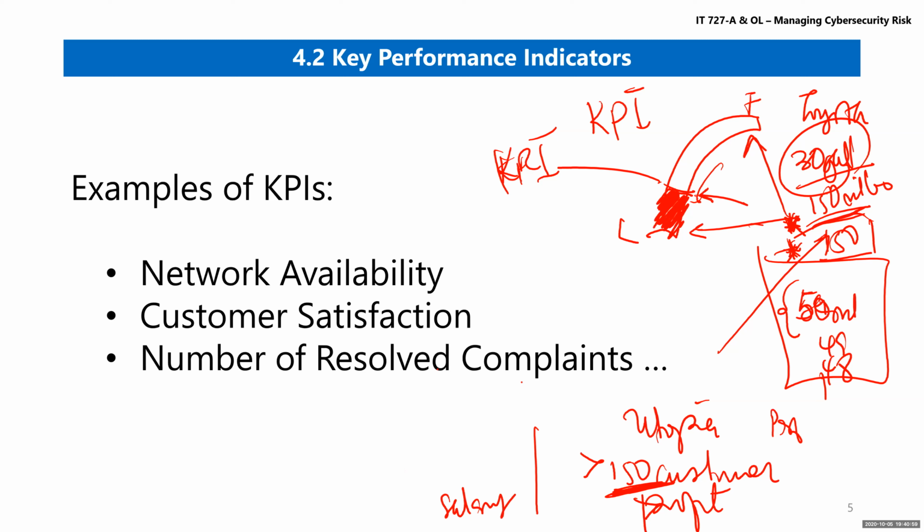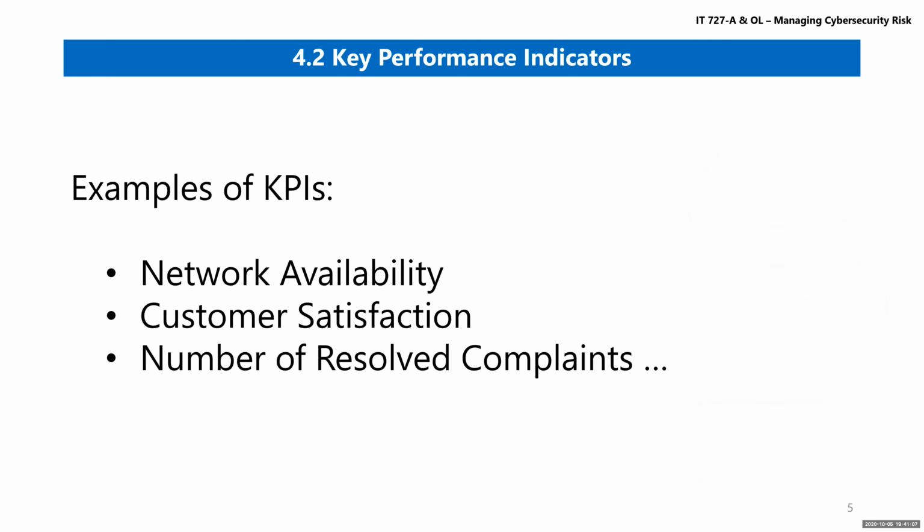There's obviously a correlation between key performance indicators and key risk indicators. And the one you show there for a KPI of network availability, there are two measures of network performance, which include throughput and delay.